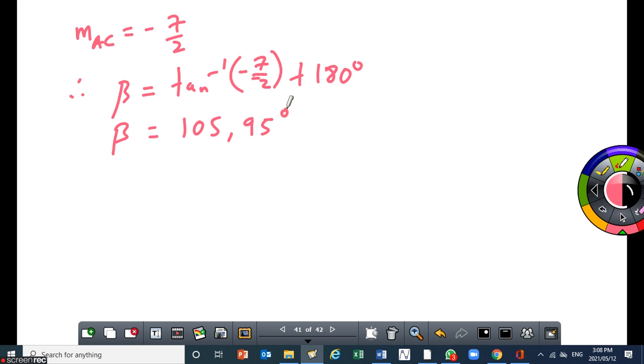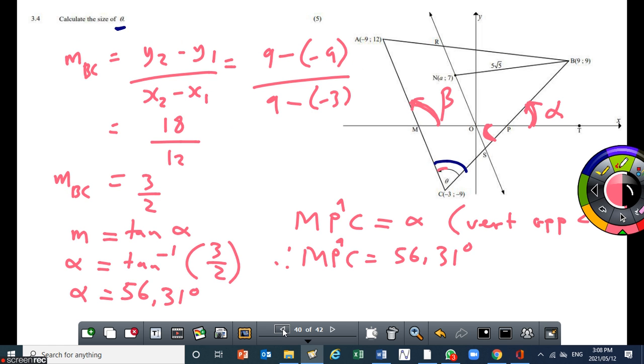You following what I'm doing? No, you don't add, exterior angle. I use the fact that the gradient is negative, that's why I use this formula. So I now know the value of beta. I know what alpha is. Now beta is an exterior angle. It's going to be equal to angle P, so MPC plus theta, because it's an exterior angle.